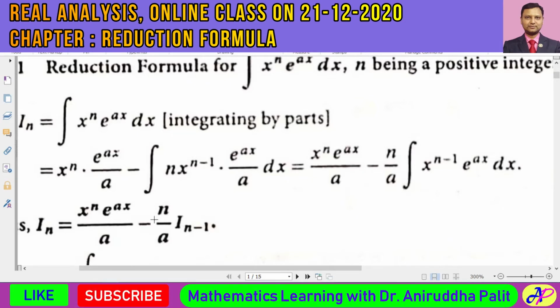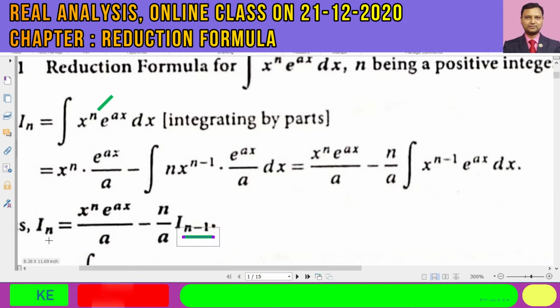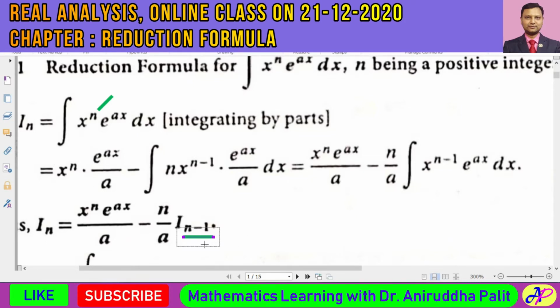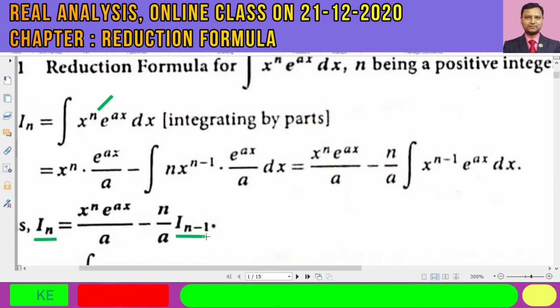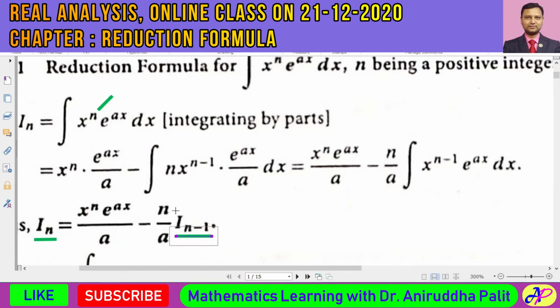Why simple? Because over here the index becomes smaller. Suppose n is equal to 5, then from 5 we will get I_4, the index would be 4. Now apply it for I_4. For I_4 we will get I_3, for I_3 we will get I_2, for I_2 we will get I_1, and so on.